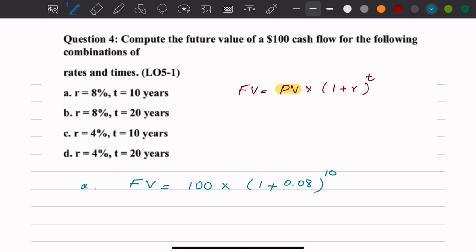So 100 multiplied by, I'll open a bracket, 1 plus 0.08, close the bracket, and then raise the whole bracket to the power of 10.